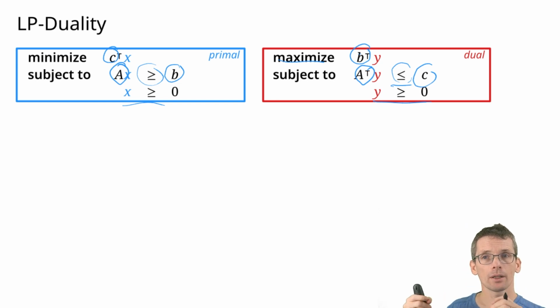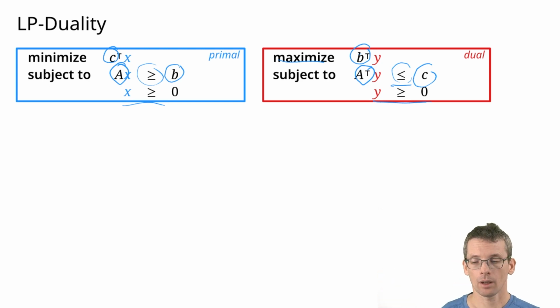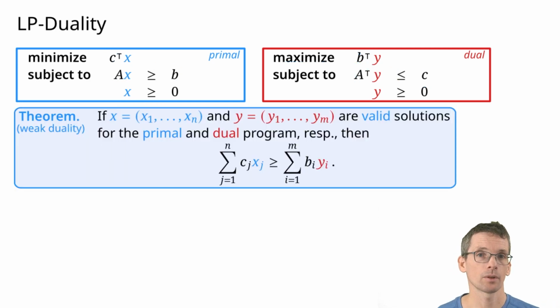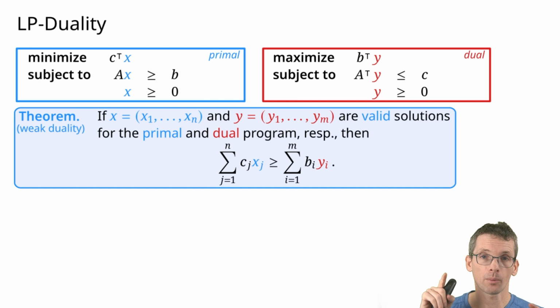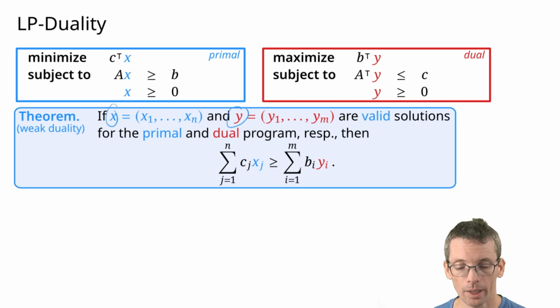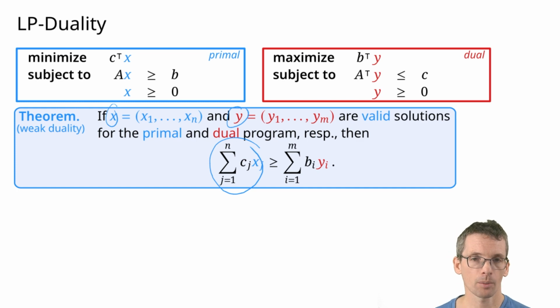And duality, if you have a minimization problem, the dual problem gives us a lower bound on the solutions of a linear program in the following sense, actually in two ways, but this is now the first one. So weak duality tells me that if I have a feasible solution to the primal problem, so let's call that x, and a feasible solution to the dual problem, y, then the objective value for the primal problem is larger or equal to the objective value for the dual problem.